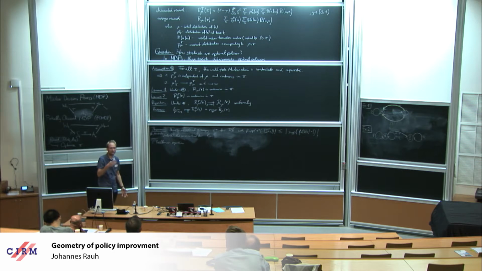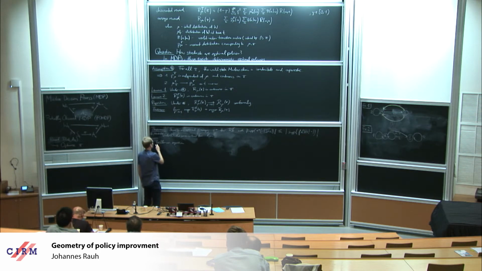You apply the policy several times and things get nonlinear. But on the other hand, what you gain is a certain iterative structure, and that's the so-called Bellman equation.